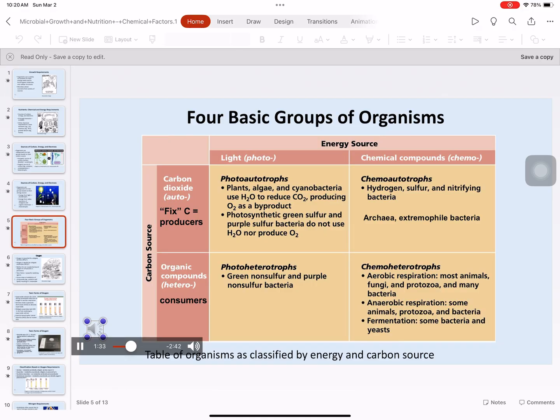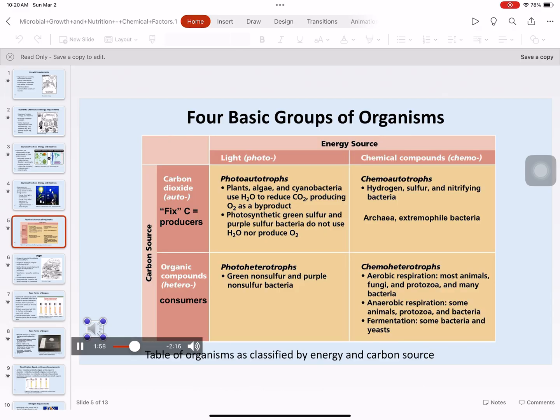So when we cross carbon and energy source in our first block at the top left, we have the photoautotrophs. That is, organisms that are self-feeding from light energy.